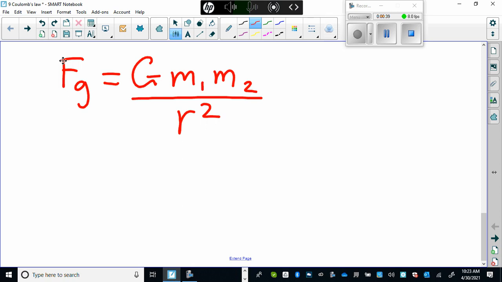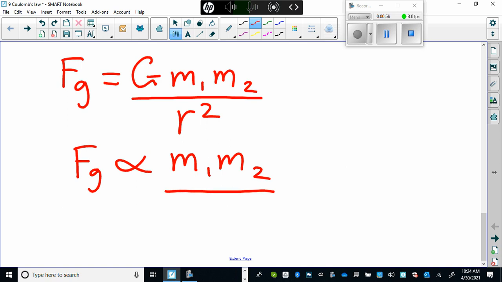It measures the gravitational force between two objects with any given mass at a given distance. Just to review, this is essentially what Newton came up with. He realized that the gravitational force was proportional to the product of the masses.